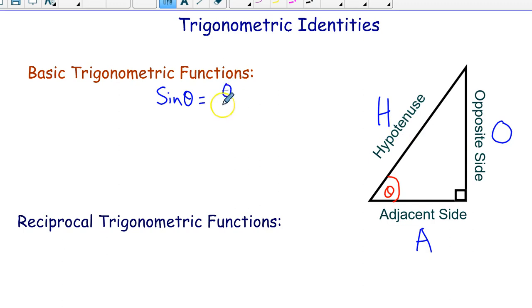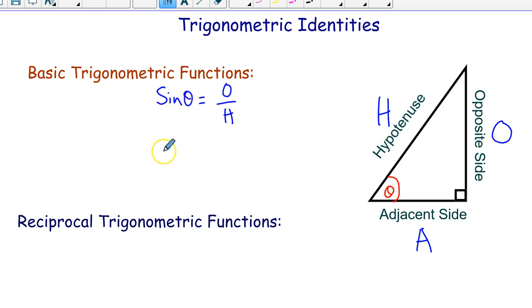That is, it is the ratio of the measures of those two sides. Whatever is the length of the opposite side, divide it by the hypotenuse to get the ratio, sine theta, with reference to this angle.